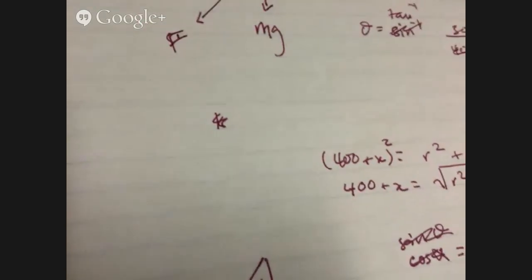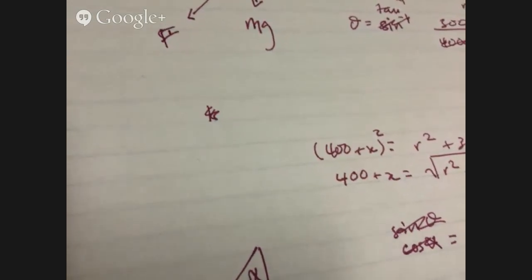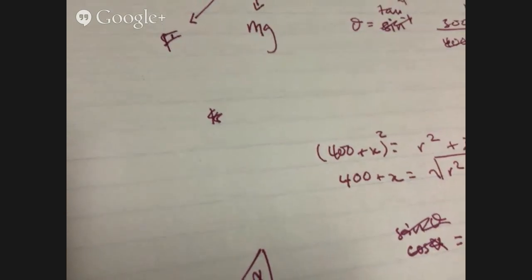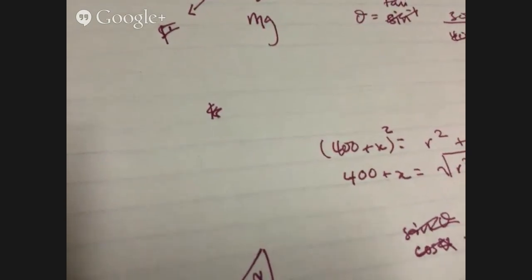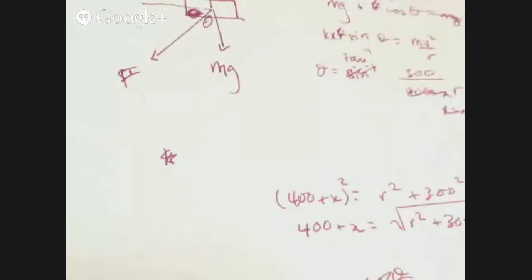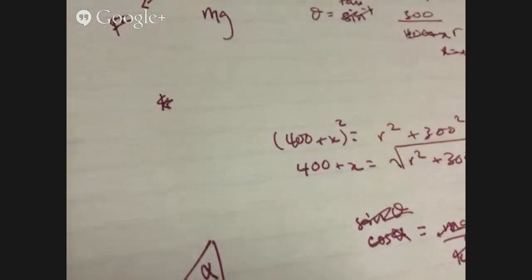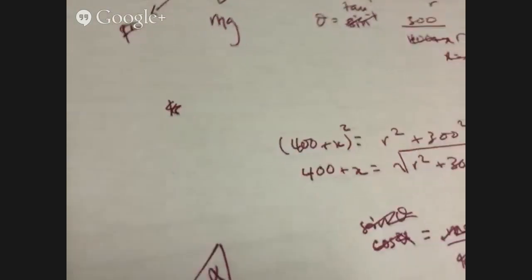So then you get 200x equals... oh no, sorry. So F is equal to 200 k times this whole x. Yeah, correct.